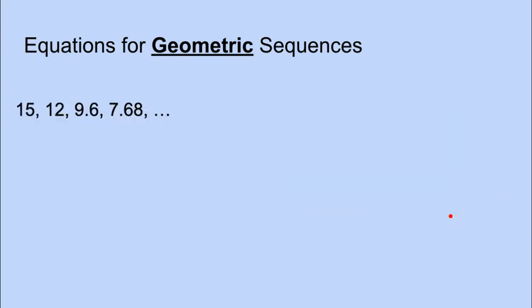All right, so geometric sequences, I gave you a tough one because we are in big kid math now. So we are going to look at 15, 12, 9.6, 7.68. If you would like to try this on your own, click pause now.